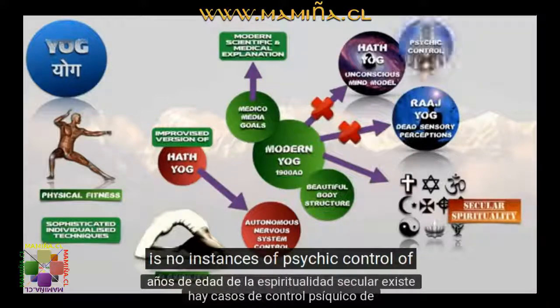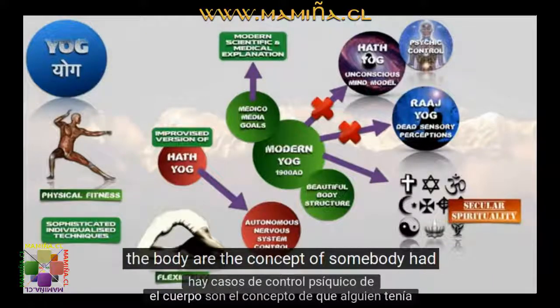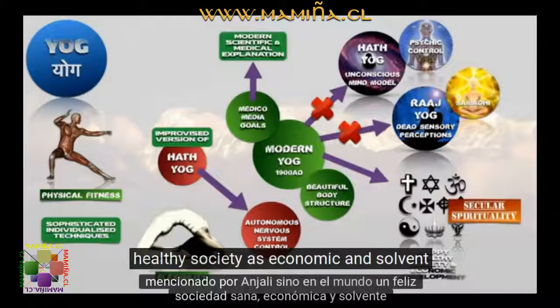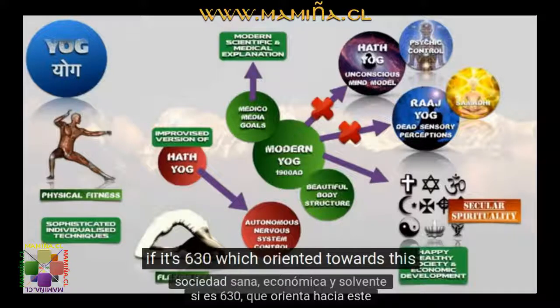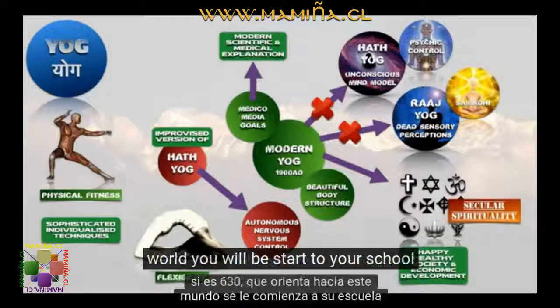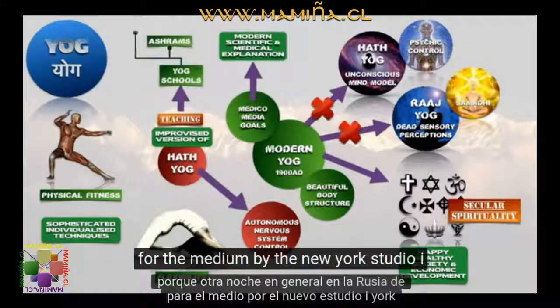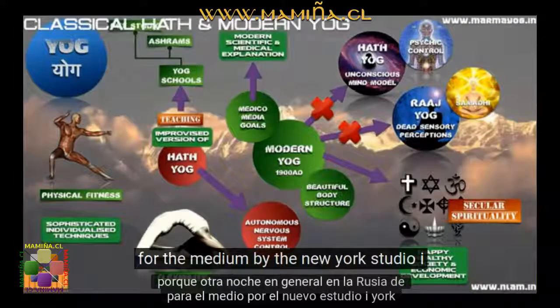There is no emphasis on psychic control of the body or the concept of Samadhi as mentioned by Patanjali, but more towards a happy, healthy society and economic empowerment. It is hence very much oriented towards this world. Yoga is taught through yoga schools, which are organized as large-scale ashrams or small to medium private yoga studios.